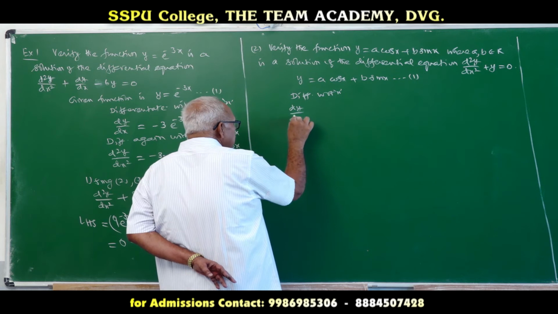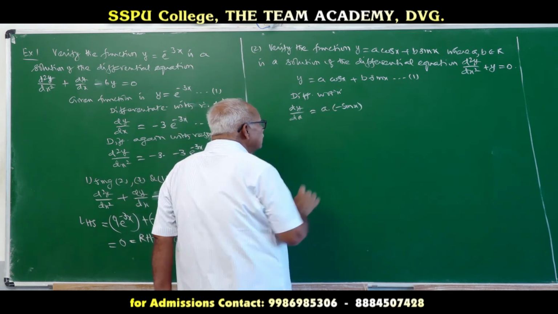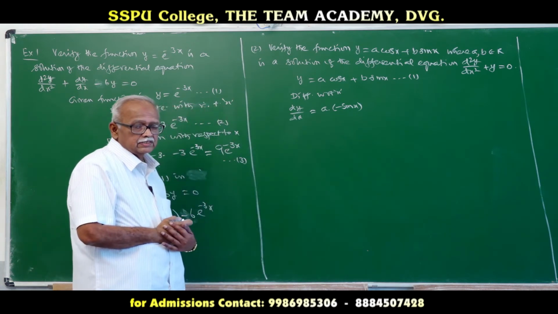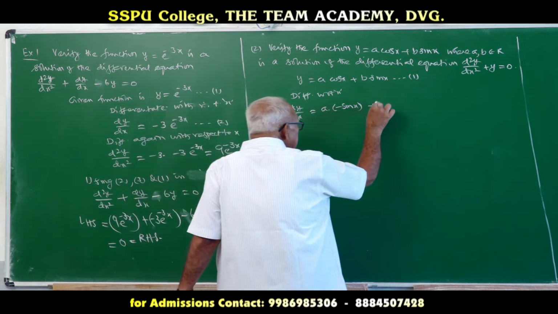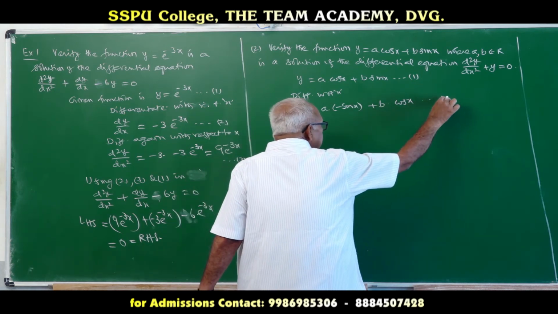What is dy by dx? A is a constant, differentiation of cos x is minus sin x. Again, b is a constant, differentiation of sin x is cos x.